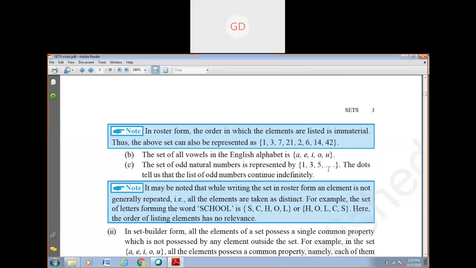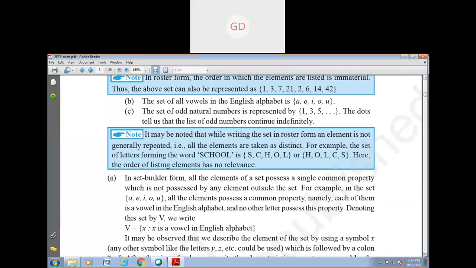And this dot dot means it goes up to infinity and nowhere ends: 1, 3, 5, 7, 9, 11, 13, 15, and so on. That is, the limitation of elements is not restricted. An infinite number of elements might also be there in a set. So in this way we represent a set in tabular form or roster form.